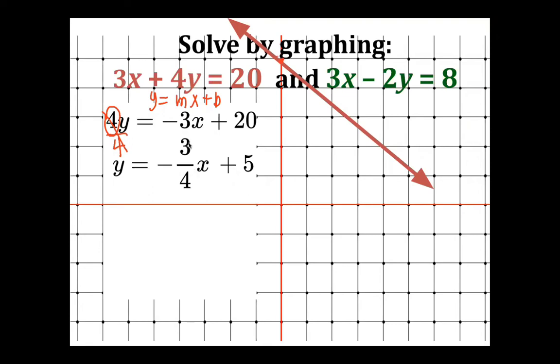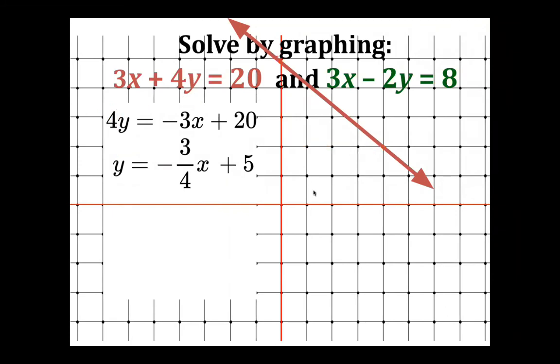So in this case, we have a negative slope, so rather than rise over run, you're going to rise going downward, so you would go down 3 units, since this is again negative slope, and then run 4 units to the right and plot this point right here. 2 points is sufficient, but if you want to be as precise as possible, you can plot a few more points if you'd like. And then I drew a line to connect my 2 points. Now you can go ahead and move on to your next equation.